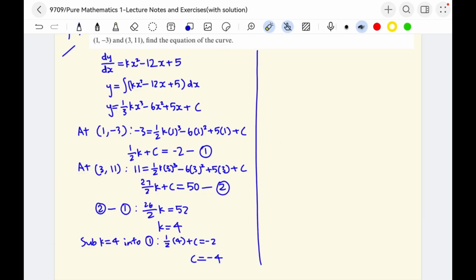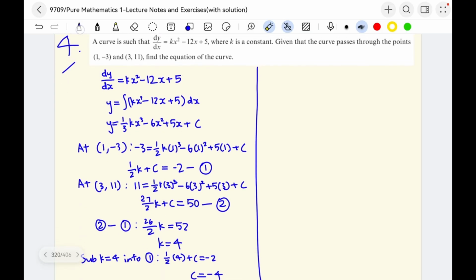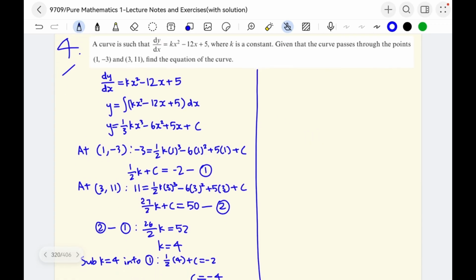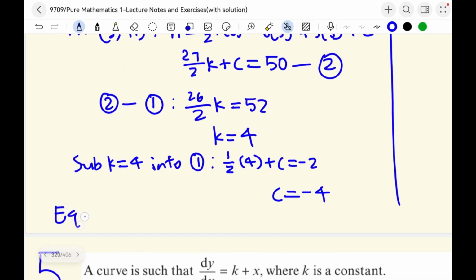Please understand these steps to tackle this question, and keep practicing. I believe that you are able to answer this type of question. Now, find the equation of the curve. Finally, rewrite the equation. So you can say the equation of the curve is what?